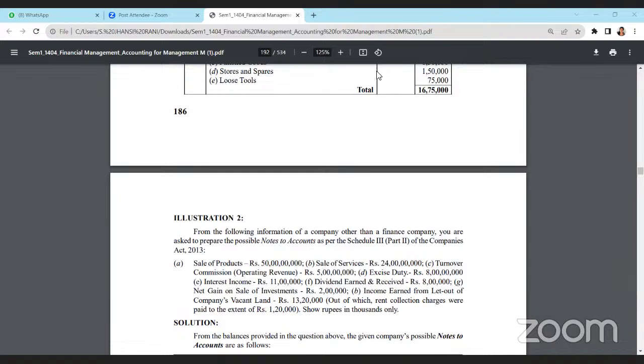What they are asking is to prepare the profit and loss account in the form of company's accounts. Whenever the company's account format is asked, we draw like this. The first column is the note number, next is particulars, next is amount in thousands.